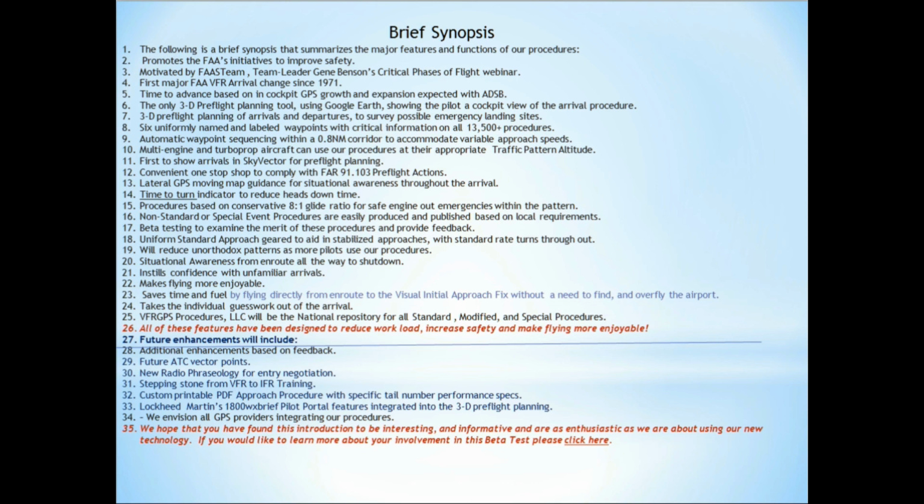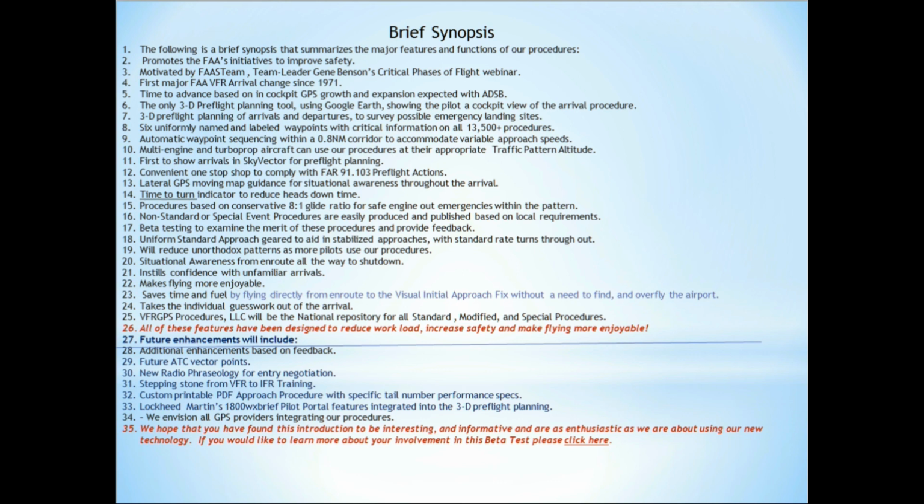Takes the individual guesswork out of the arrival. VFRGPS Procedures LLC will be the national repository for all standard, modified, and special procedures. All of these features have been designed to reduce workload, increase safety, and make flying more enjoyable.